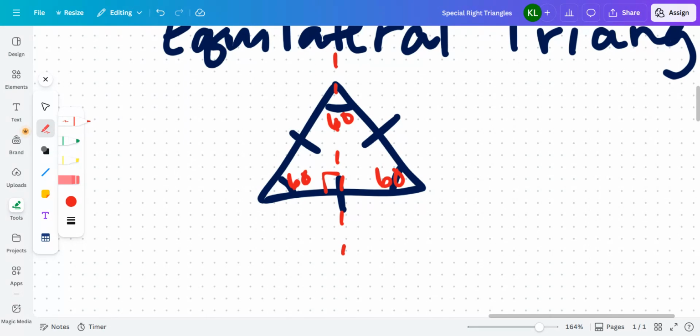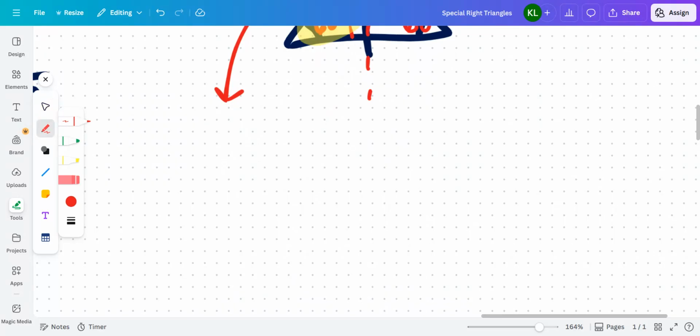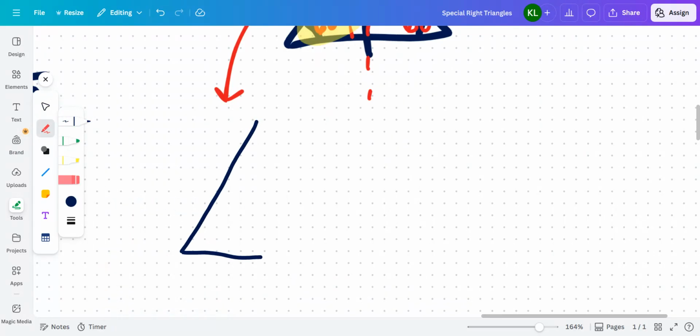Okay, and I'm going to actually take this portion of the triangle out so we can look at it by itself. Half of 60 is 30.